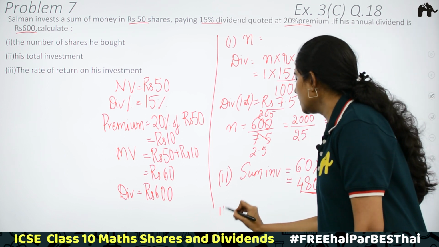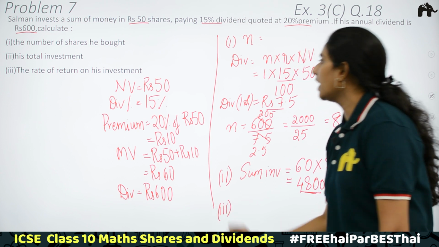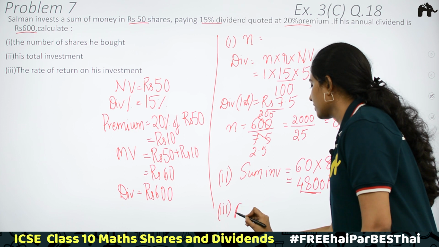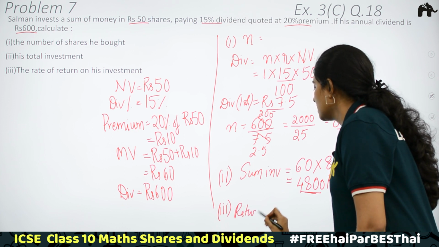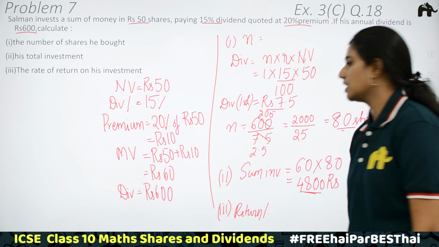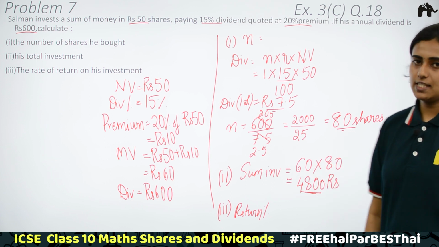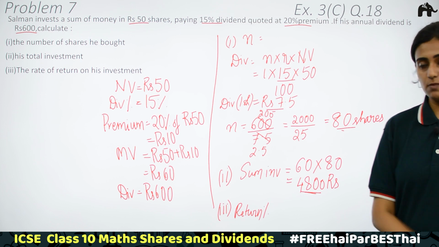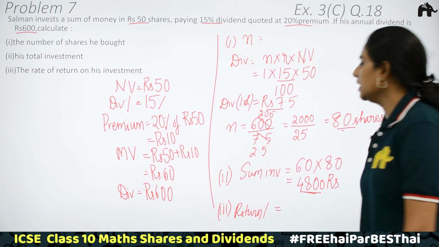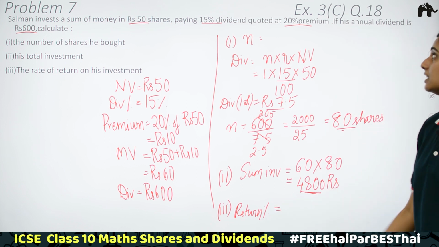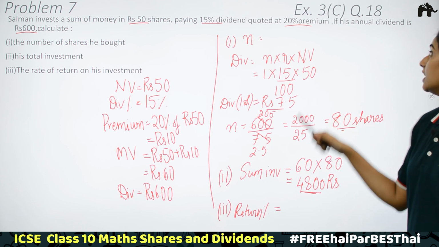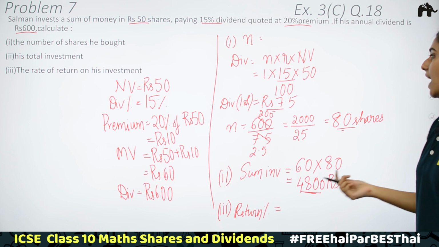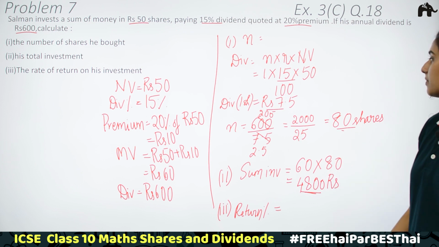Now the third part. In the third part, we need to find the rate of return, that is return percentage. To find the return percentage, we need the income and the investment. What is income here? Here the income is the total dividend, that is 600 rupees. Do we have the investment given?